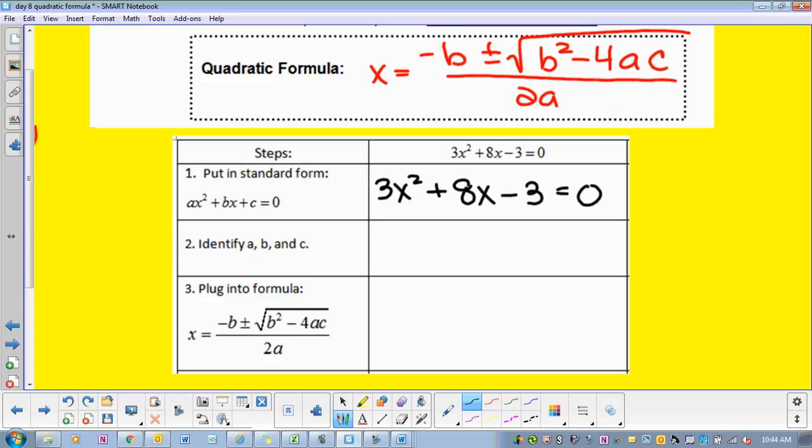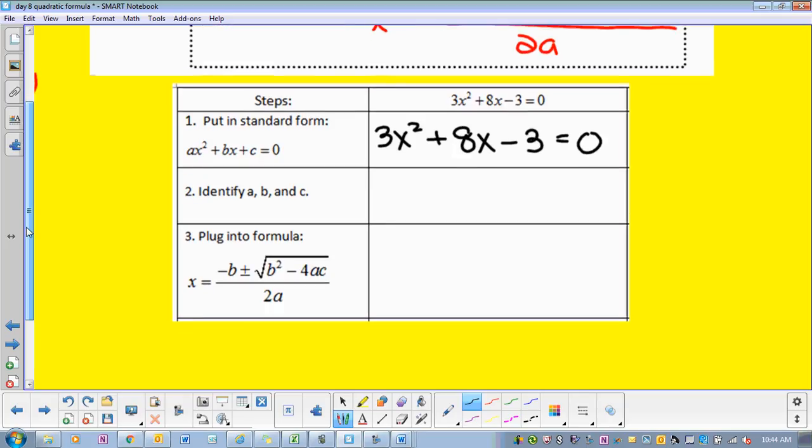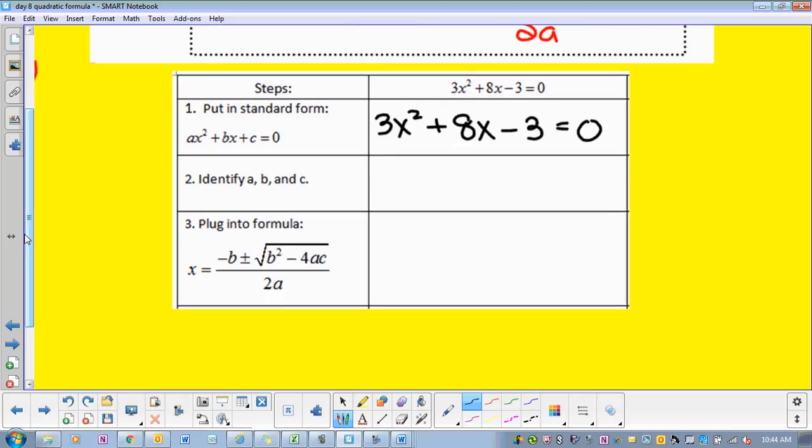Now, identify your a, b, and c. Okay, word of advice. a, b, and c is never a variable. You should never tell me that it's x. They're always numbers. Okay? So, a equals, b equals, and c equals. What is a? 3x²?